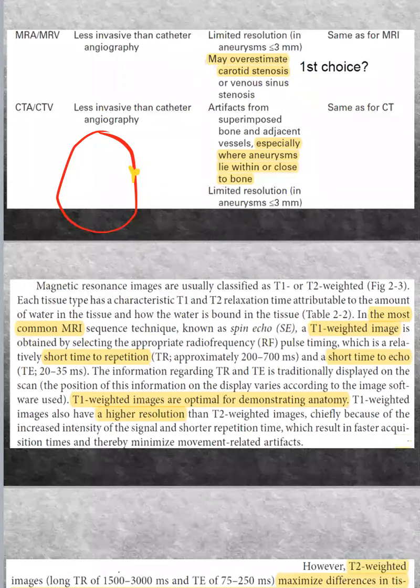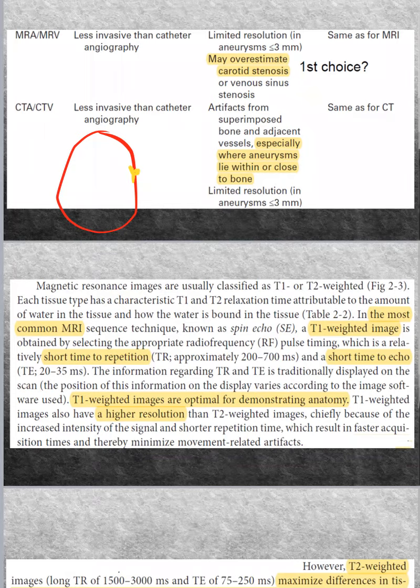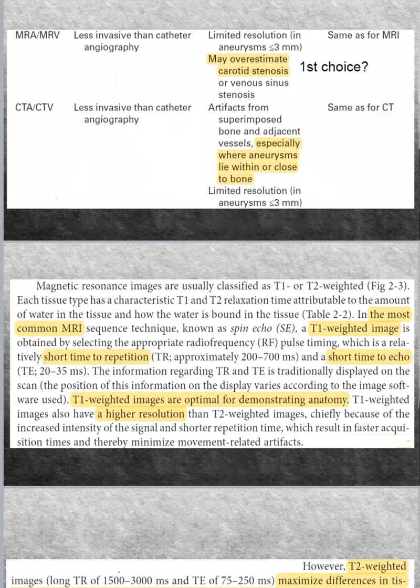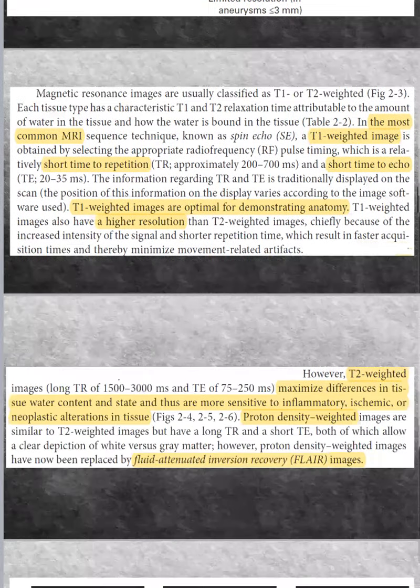If I have close proximity to the bone, I may have a misdiagnosis, or I may miss the diagnosis due to the bony artifact. Also, both the MRA and the CTA may have limited resolution for aneurysms which are less than 3 millimeters. These are the disadvantages of MRA and CTA.